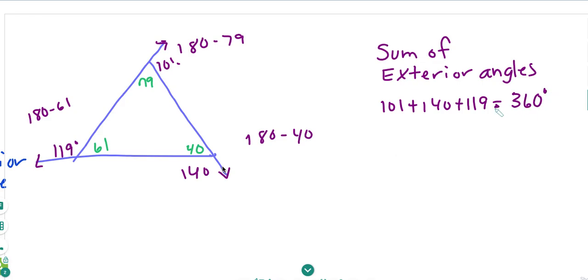So anytime I have a polygon, my first step is to find the exterior angle measurements, and then I can sum those exterior angles, and they will always equal 360. So now you know how to work with interior and exterior angles of a polygon.